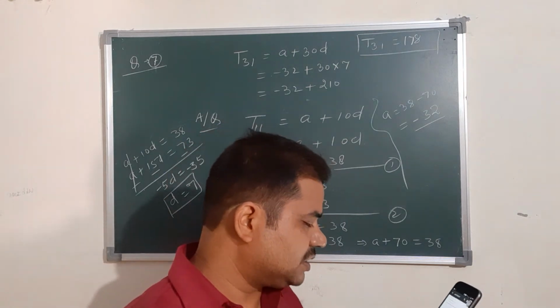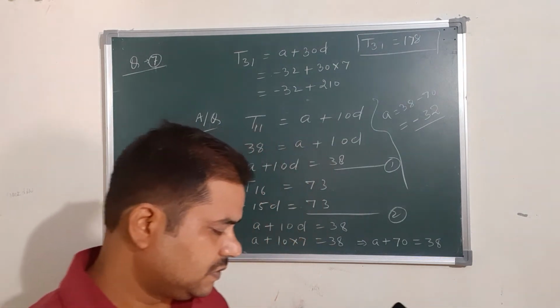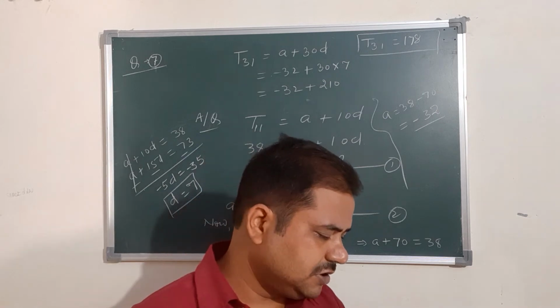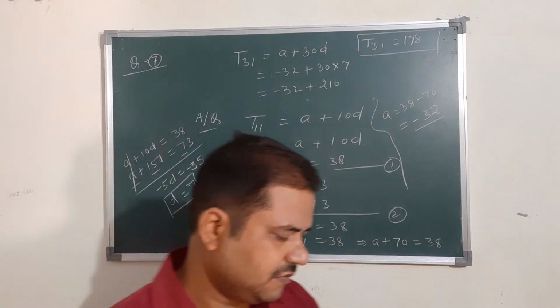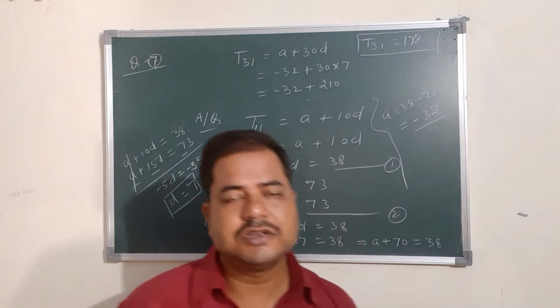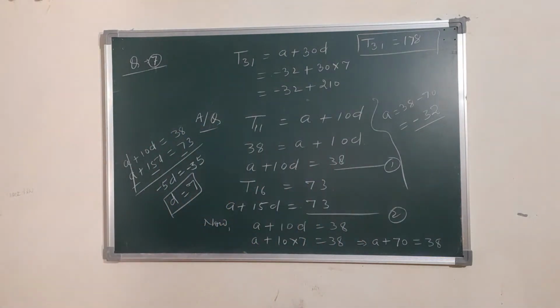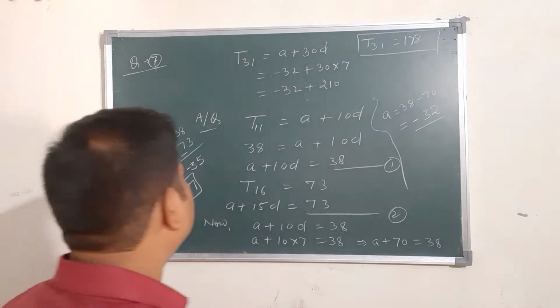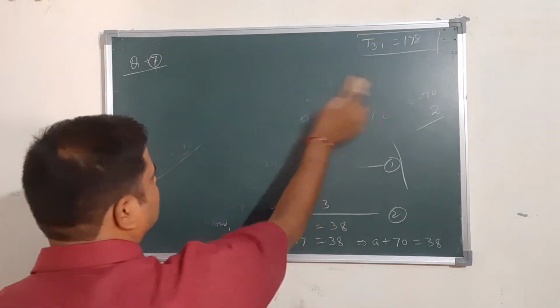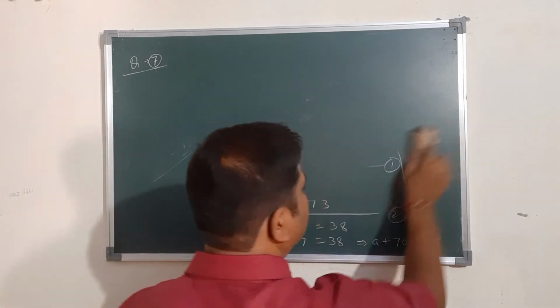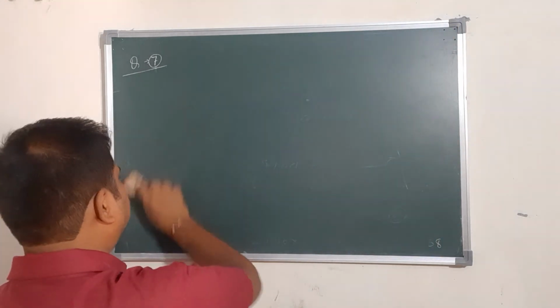An AP consists of 50 terms, of which the third term is 12 and the last term is 106. Find the 29th term. This is also a good question. An AP consists of 50 terms. What is given? An AP consists of 50 terms.